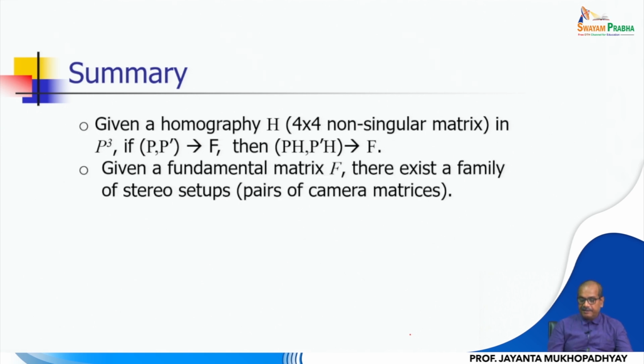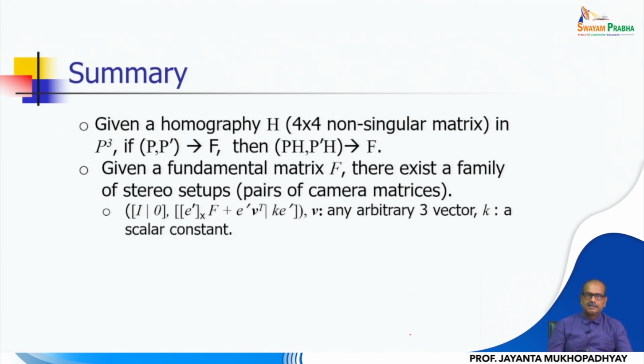Now, given a fundamental matrix F, there exists a family of stereo setups. Though P and P prime uniquely determine F, from F there is a family of stereo setups for which it is the same fundamental matrix. And one such family we have discussed.